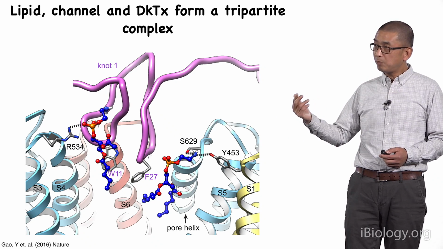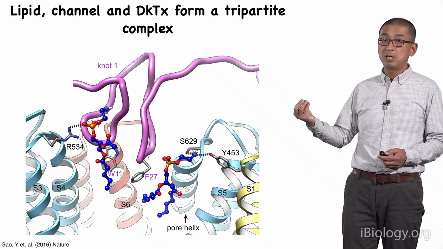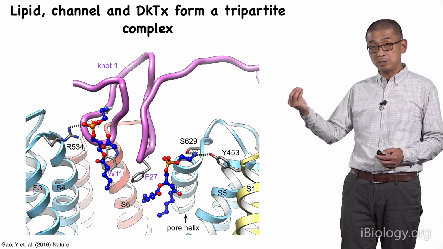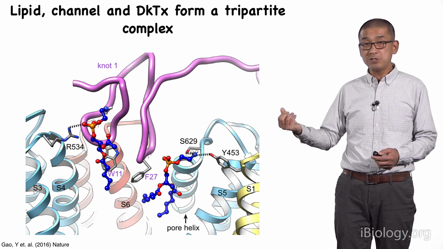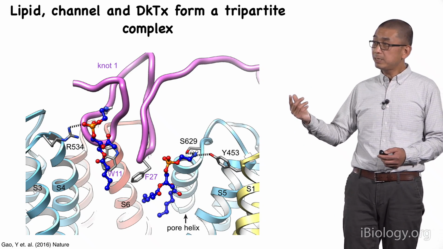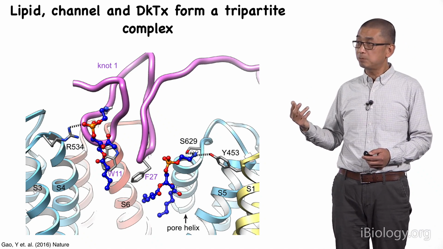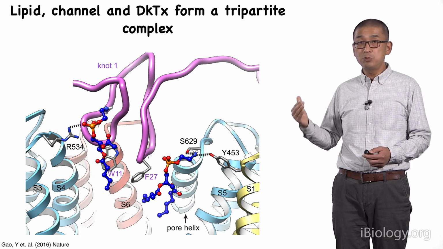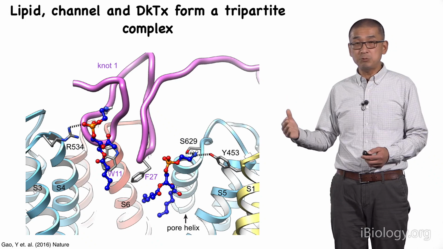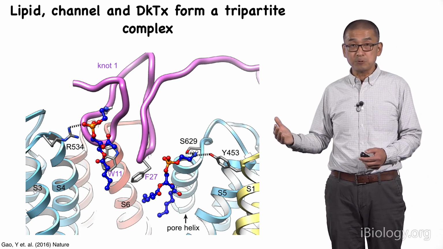Now, this sort of tripartite complex is probably required to really stabilize it. It's critical for this whole complex to be in a stable conformation. Most likely, this kind of stabilization facilitated by the presence of lipid is the major reason that we're able to get a better resolution of this particular conformation.